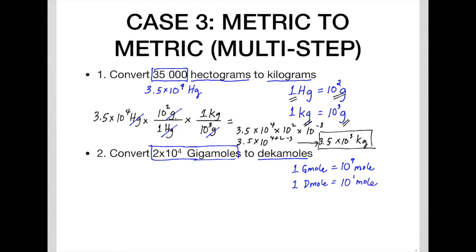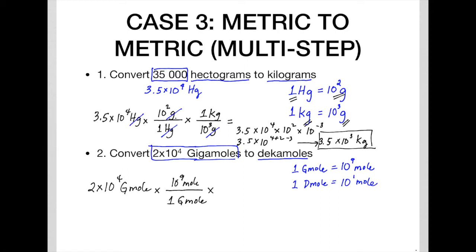Now, alright, now my given, we have here 2 times 10 raised to 4 gigamole times, so I will write here my 1 gigamole at the bottom part for me to cancel, and then 10 raised to 9 mole.